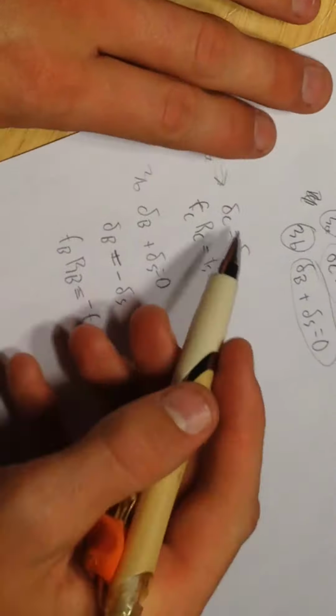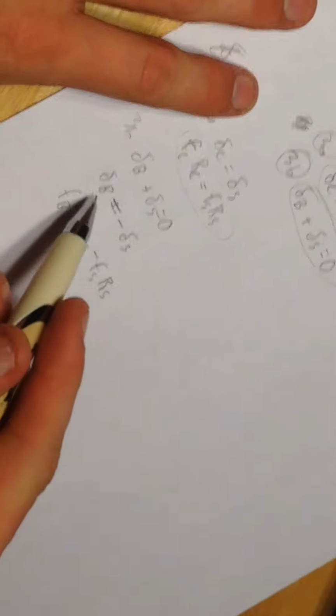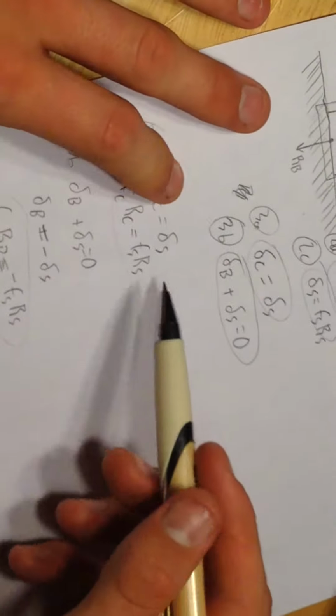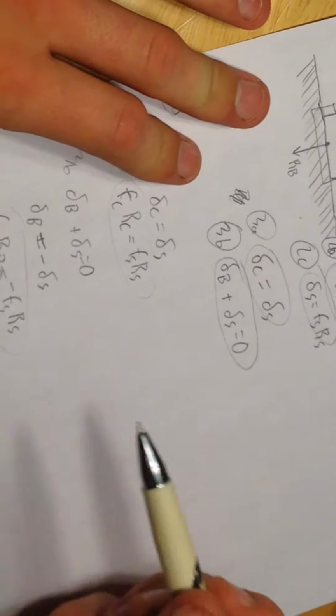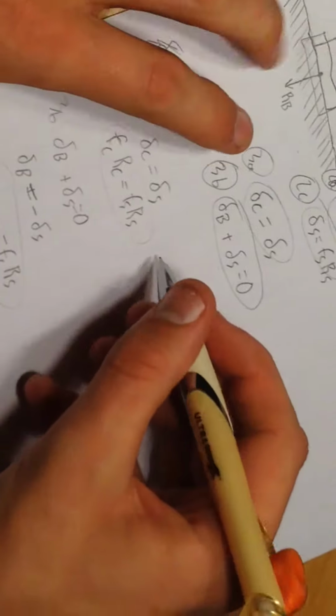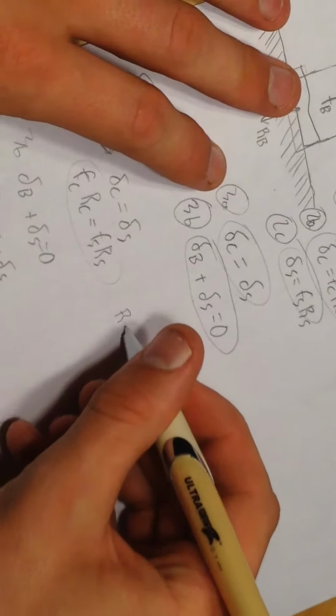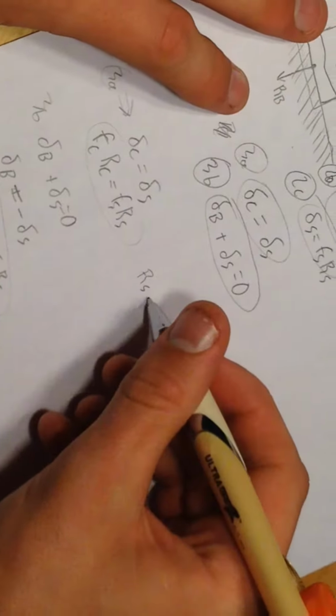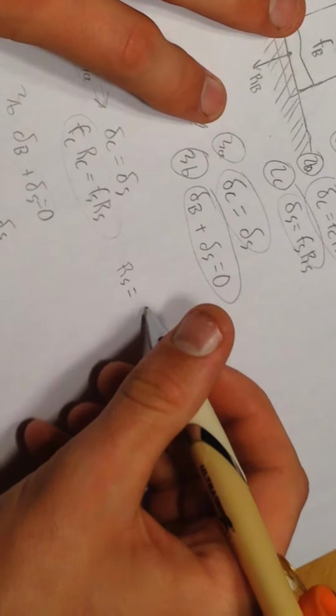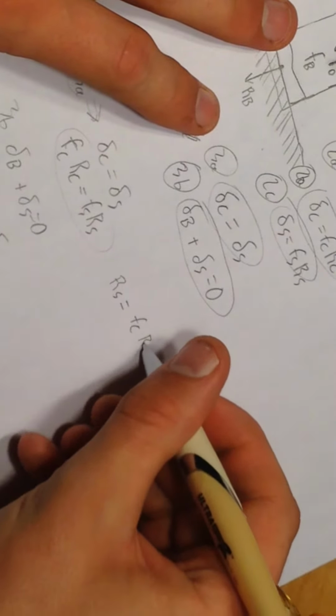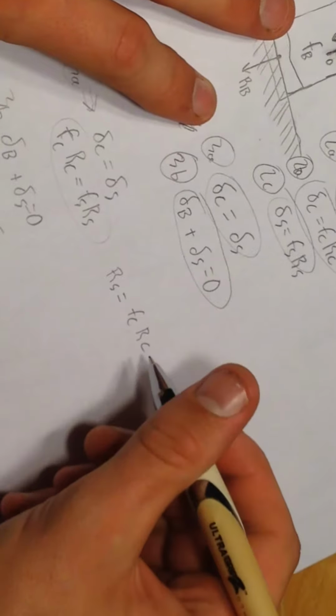So now, for this equation here and this equation here, I'm going to solve for RS for both of them. Here we can see that if we divide the FS to the other side, we'll have RS equals FC RC.